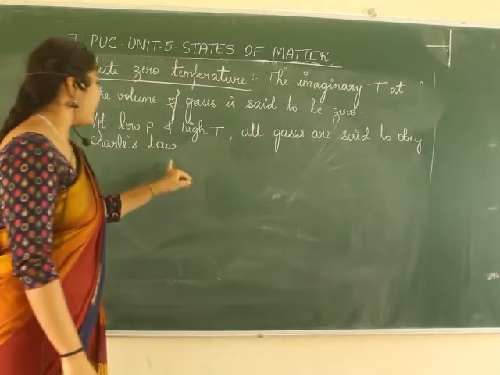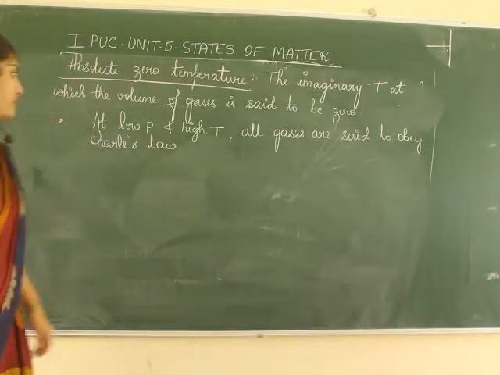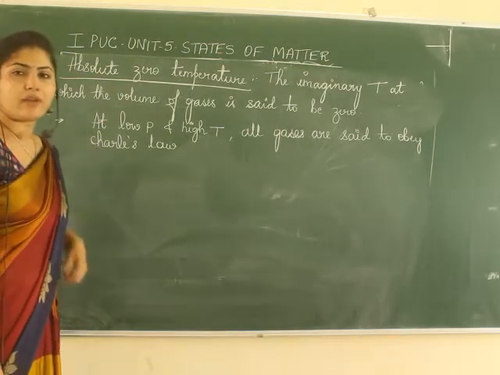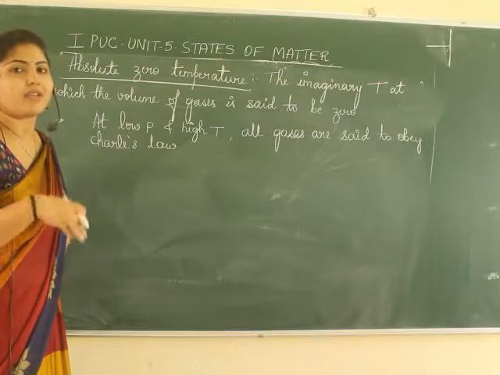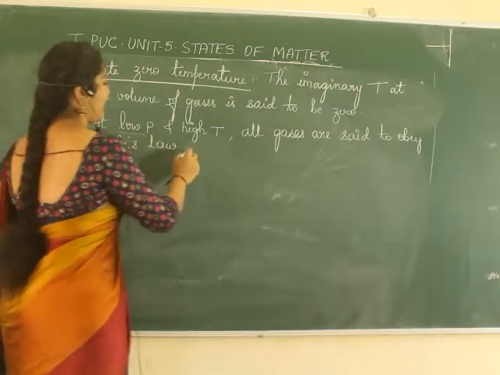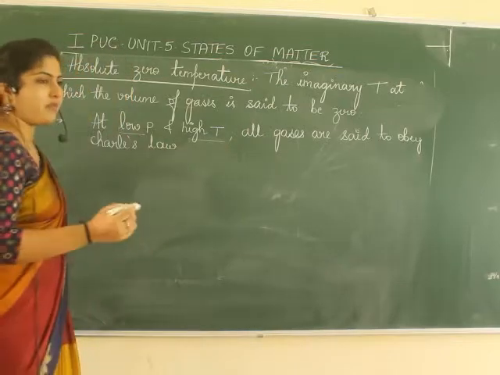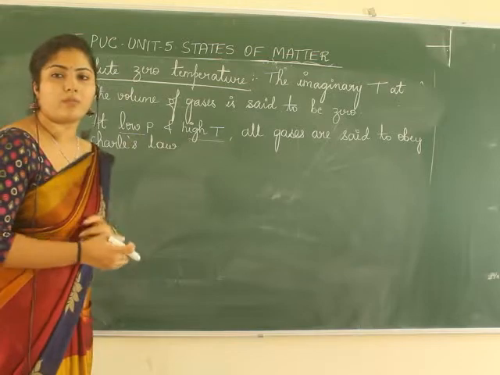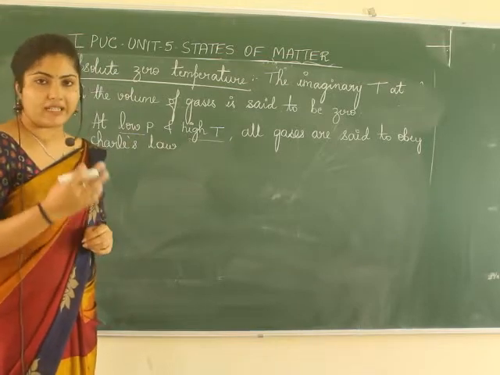Now here, what it means, volume is directly proportional to temperature. When volume increases, temperature increases, and vice versa. It can take place at low pressure and high temperature. If the temperature is very low and pressure is very high, then the law might not be valid enough.